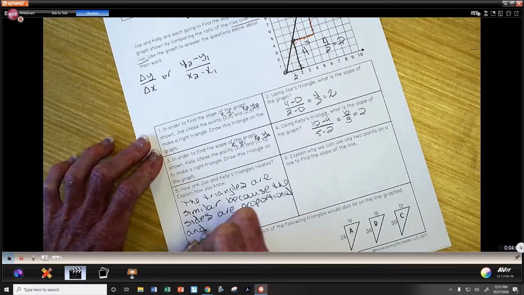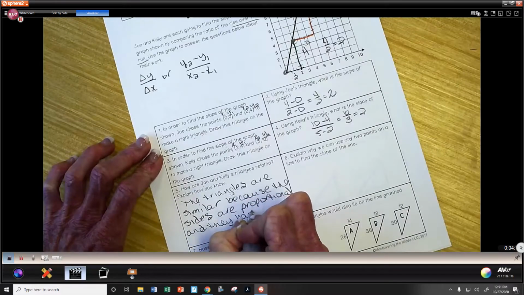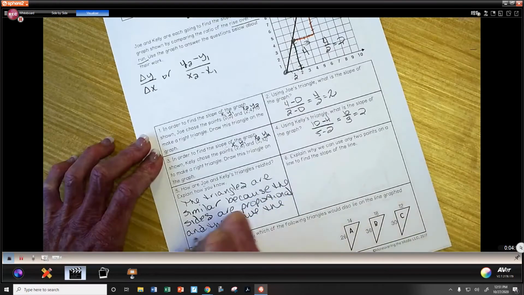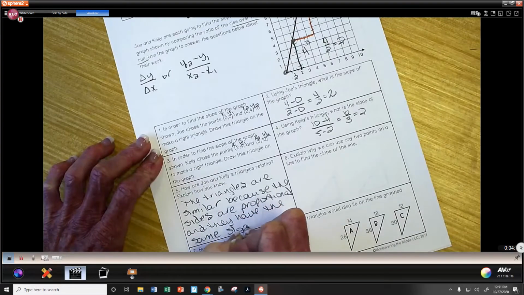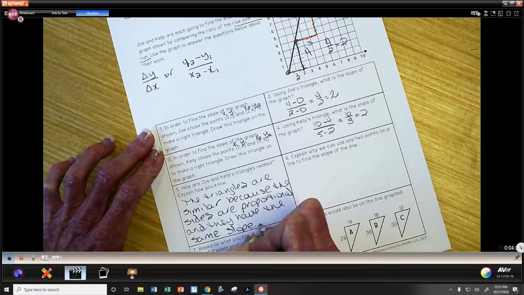And they have the same slope or rate of change.